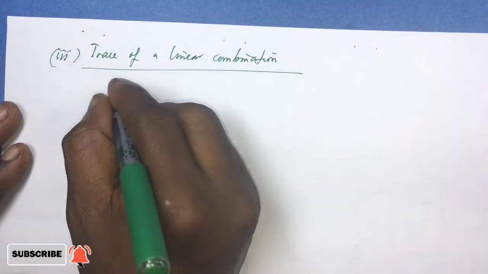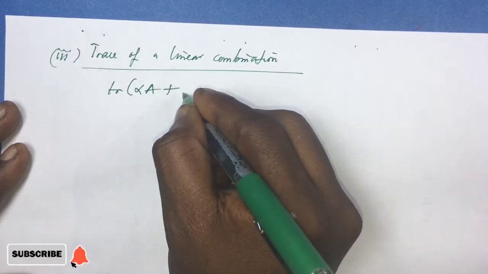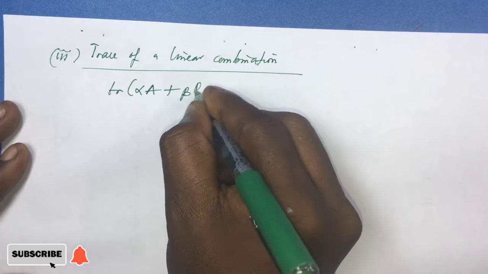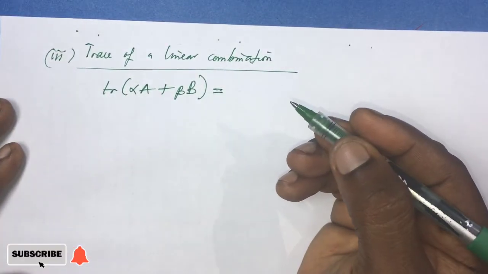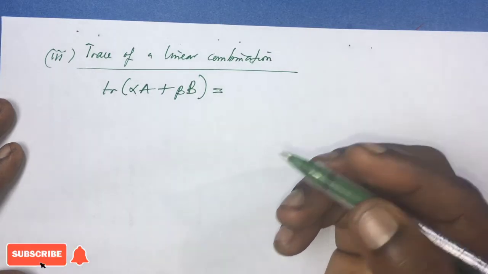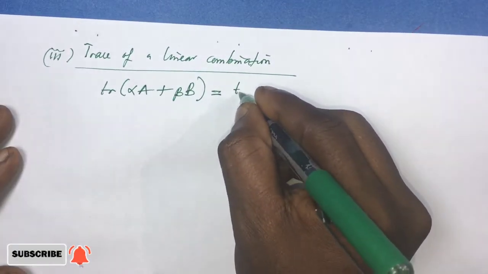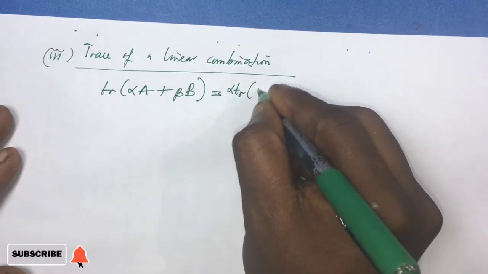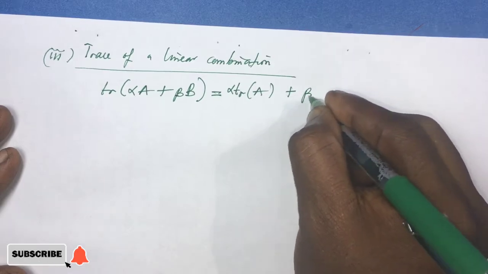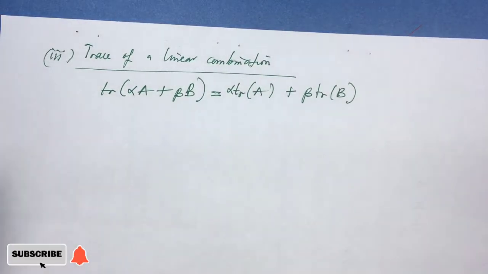The trace of a linear combination, let's say alpha A plus beta B, will be what? All we have to do is trace of alpha A plus beta B is alpha trace of A plus beta trace of B. So we want to prove this.